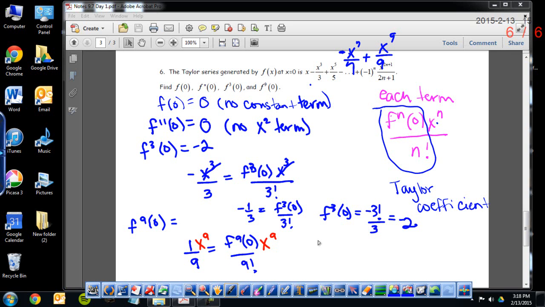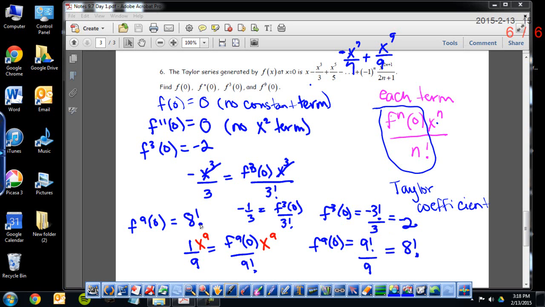If I cross multiply, then I get that the ninth derivative at x equals 0 is equal to 9 factorial over 9. That's a perfectly acceptable answer, but remember that 9 factorial means 9 times 8 factorial, and then your 9s will cancel. So your ninth derivative is 8 factorial.